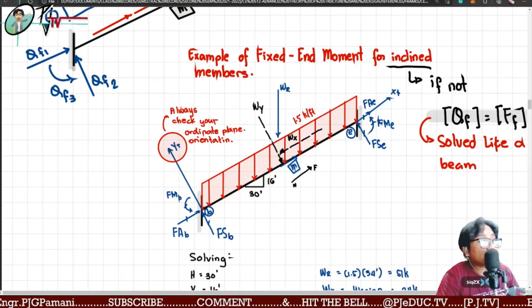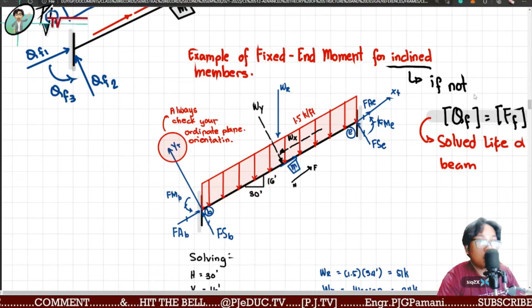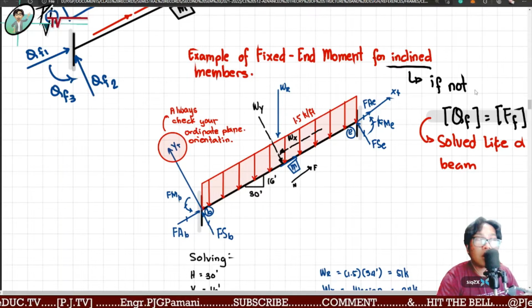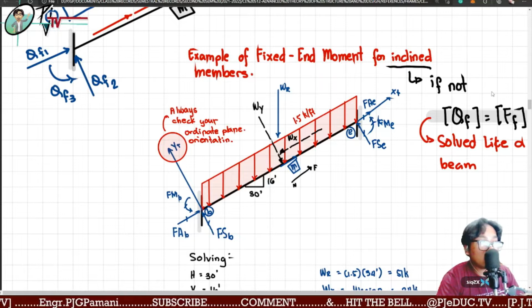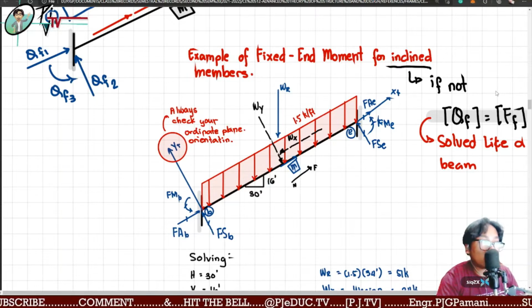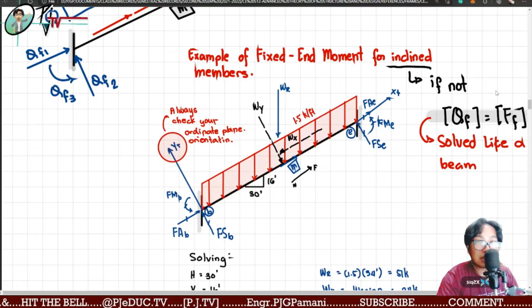Now, if the member is not inclined, therefore, the end forces and moments on its local coordinate system are equal to its end forces and moments on its global coordinate system.